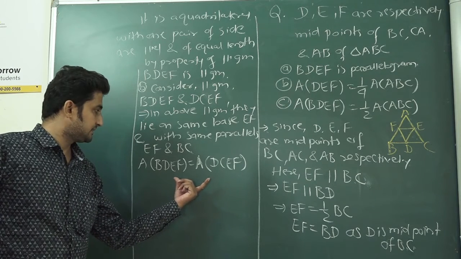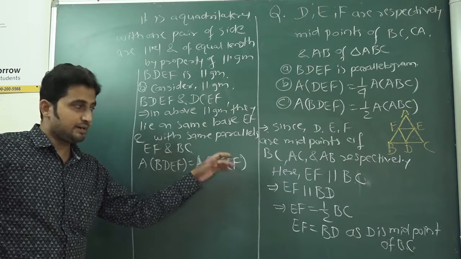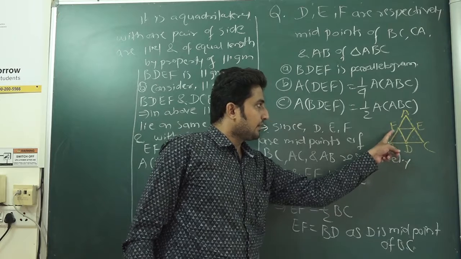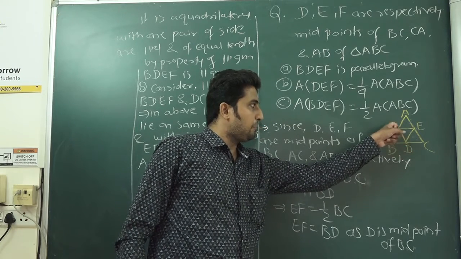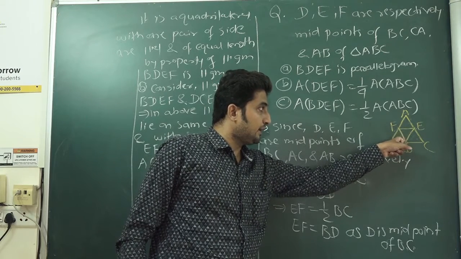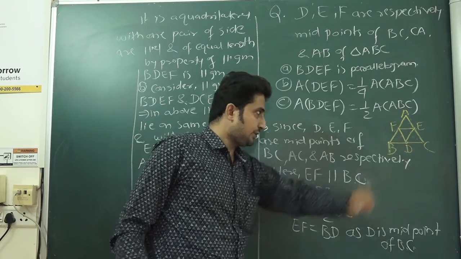We say like this, BDEF is equal to DCEF. But dear students, we know that the diagonal of a parallelogram bisects it into two triangles of equal area, that we know.